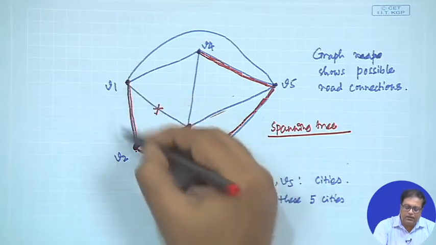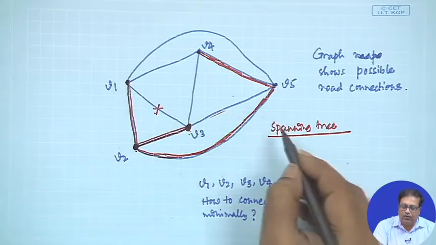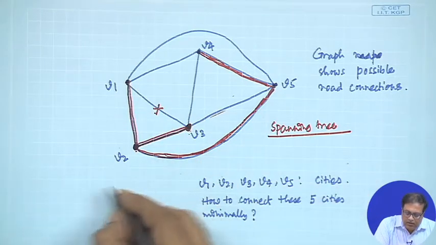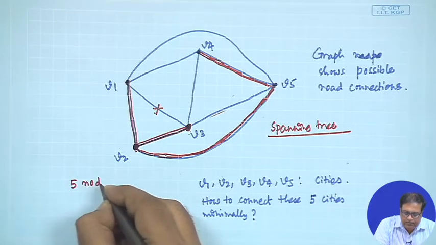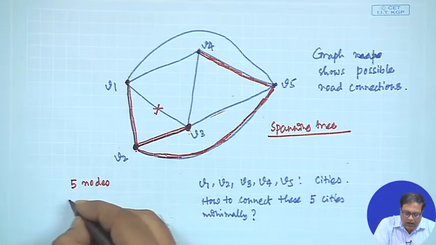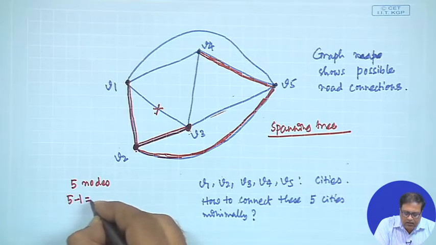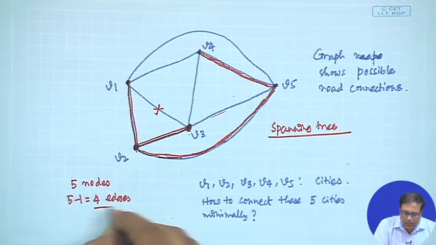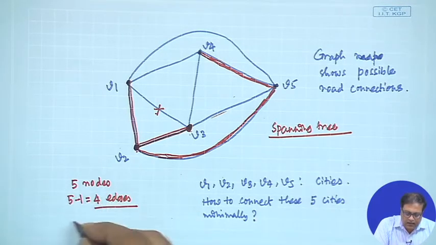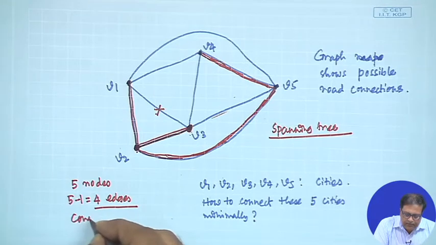Why? Because there are 5 nodes and we have 5 minus 1 equal to 4 edges, and it is a connected graph.